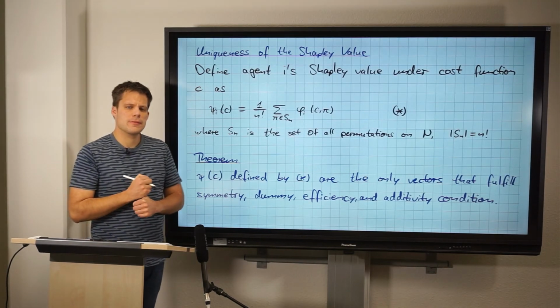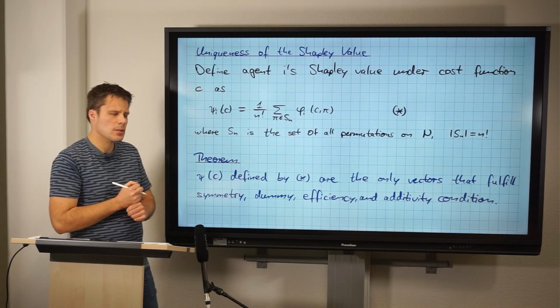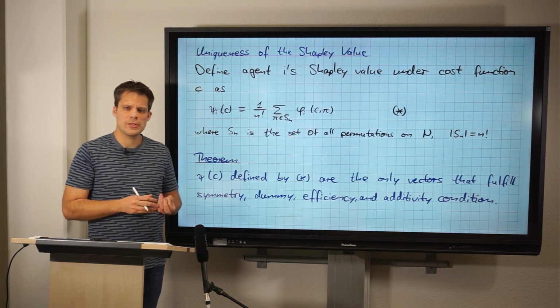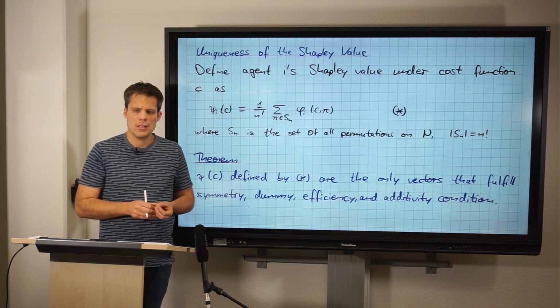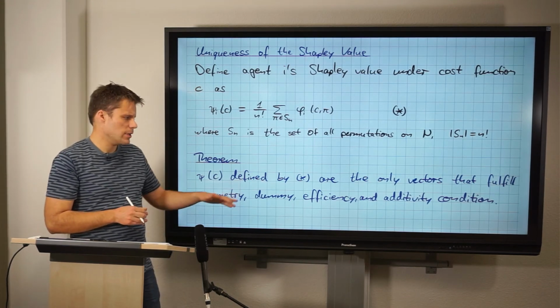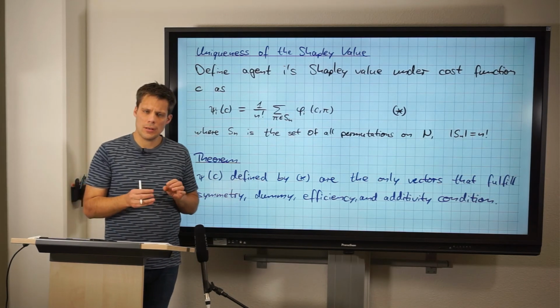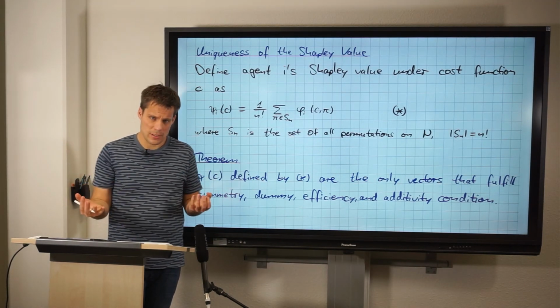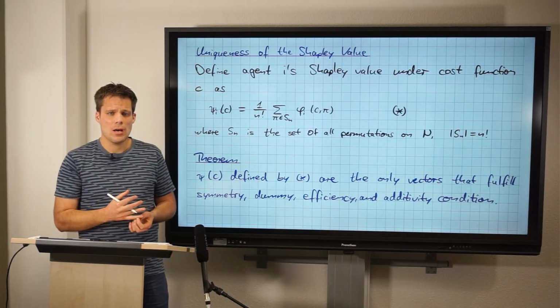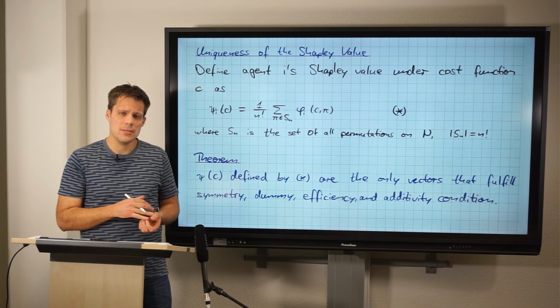How do we prove such a claim? Well, we will now consider different cost functions, and due to additivity, for example, every general cost function can be expressed as a sum of these cost functions that we will be considering.